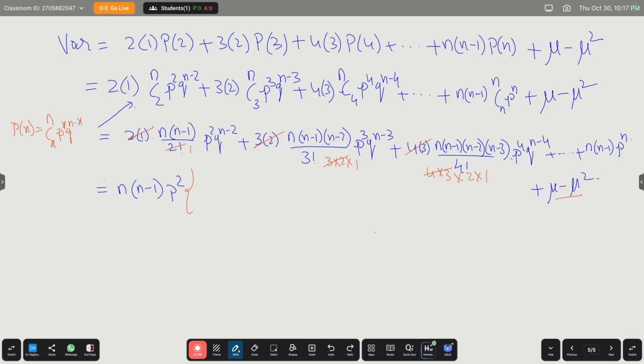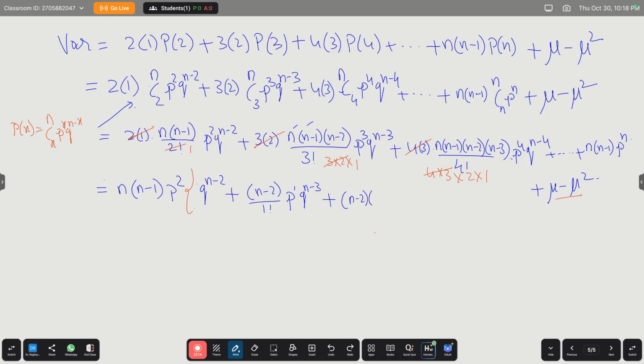Let us see term by term. First term. In the first term, q power n minus 2 is left. Plus, in the second term, n has gone, n minus 1 gone. So you will have n minus 2 divided by 1 factorial into p power 3. But out of p power 3, p power 2 is outside. So p power 1 will be there. Q power n minus 3. Plus, n and n minus 1 are not there.